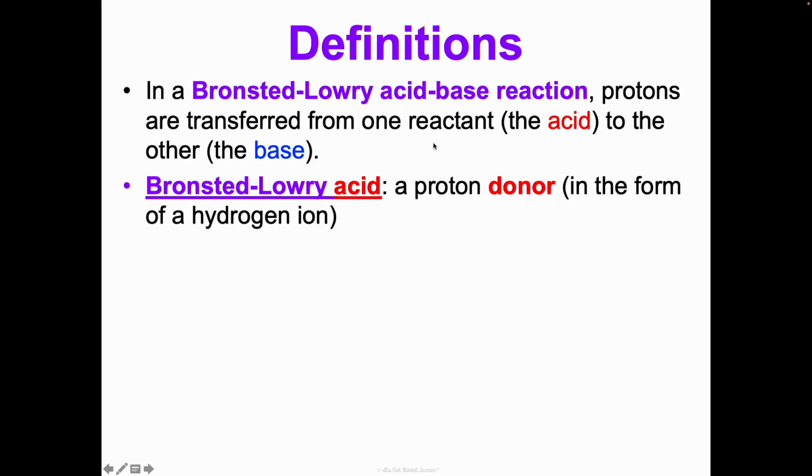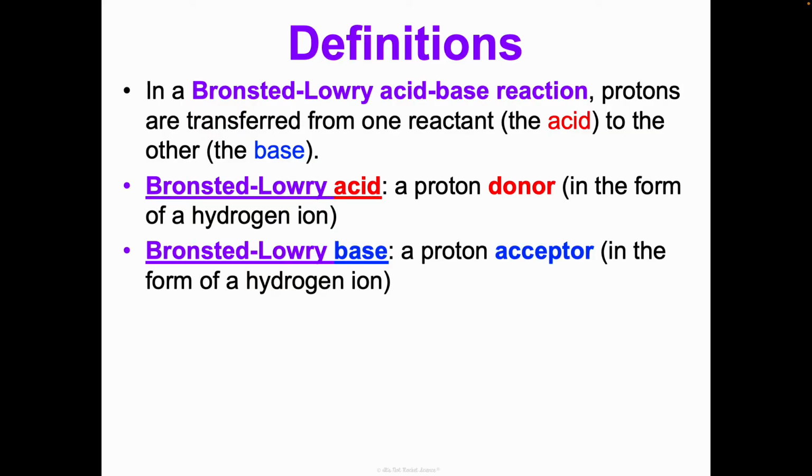So a Bronsted-Lowry acid is a proton donor, and it donates a proton in the form of the hydrogen ion, typically to water. A Bronsted-Lowry base is a proton acceptor, which is typically in the form of a hydrogen ion that it is going to receive.